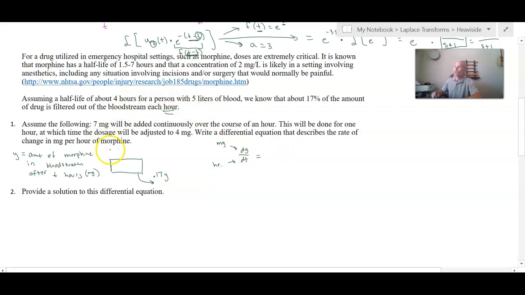Now, what's coming in? Well, it depends on the time, right? Maybe we'll write it like this. We'll write 2 arrows in, and this one will be 7 milligrams per 1 hour, but this will only be over the course of an hour. So this is between time 0 and 1, at which time the dosage will be adjusted to 4 milligrams.